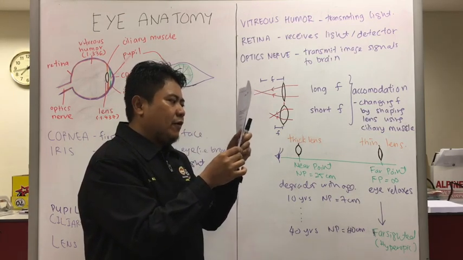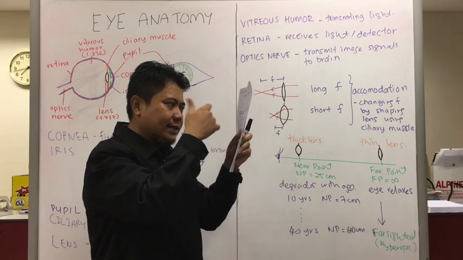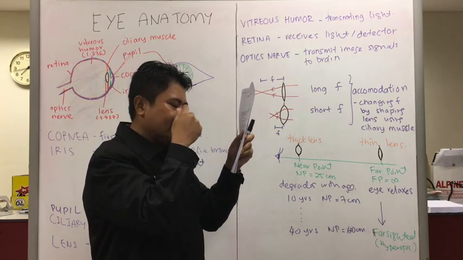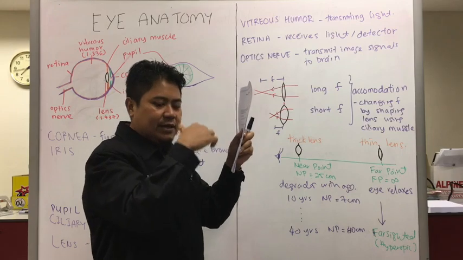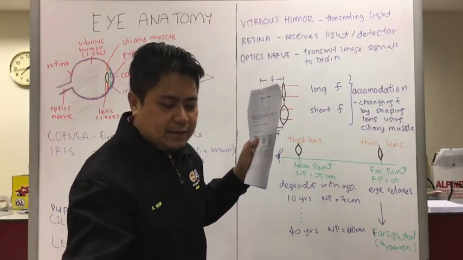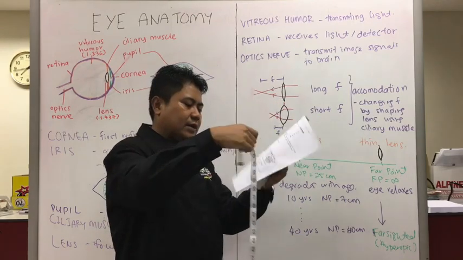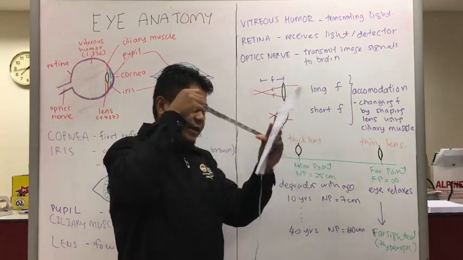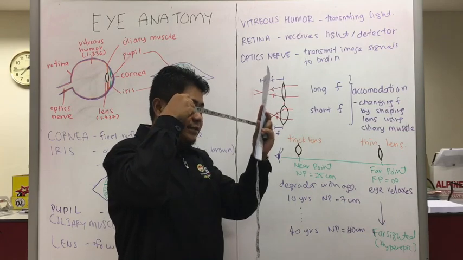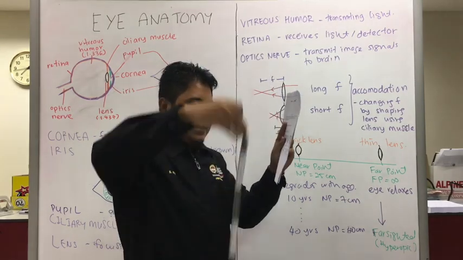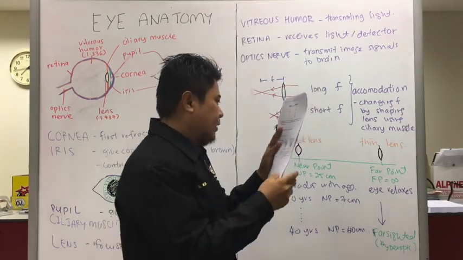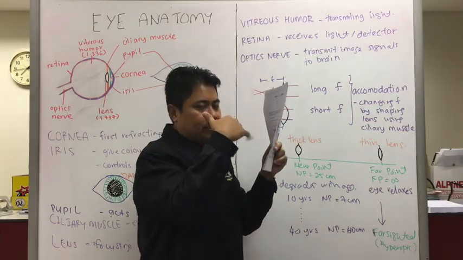This is the shortest distance from the object to my eye. You can measure it using a ruler, from your eye to the object. That is the closest point at which you can see an object clearly. So this is the near point. For normal people it is about 25 centimeters.